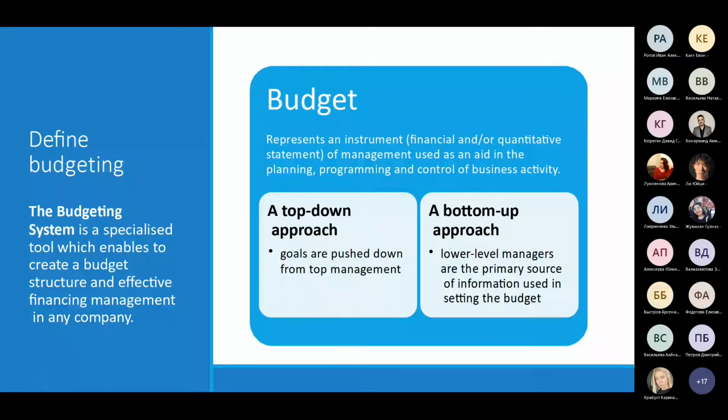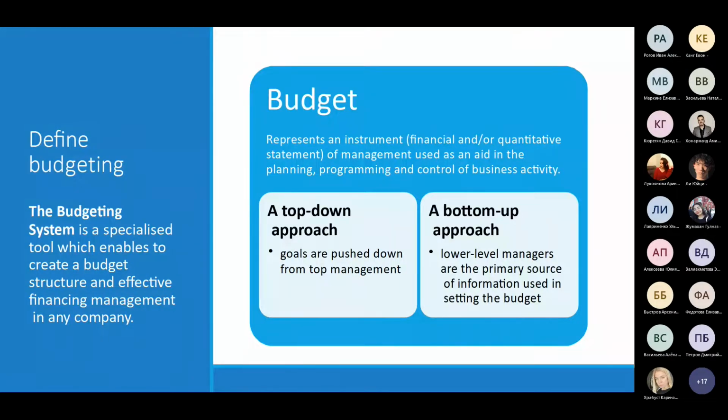So the budgeting system is the basis of a good financial management system if we want to have our business developed, so we have to create budgets of different levels and involve them in the planning process. So the budget itself is an instrument, actually it's a document that management uses as an aid in the planning, programming, and control of business activities.